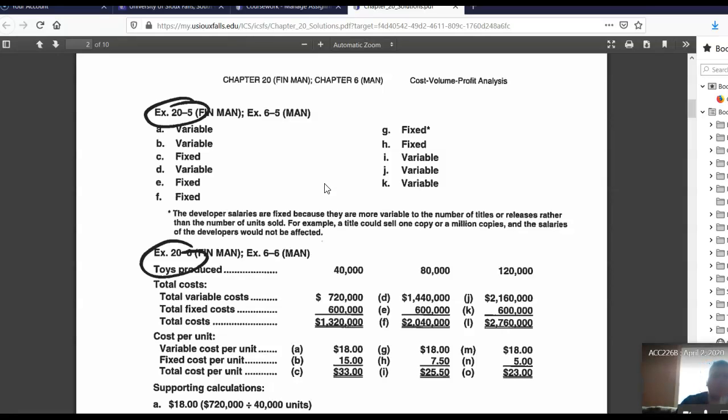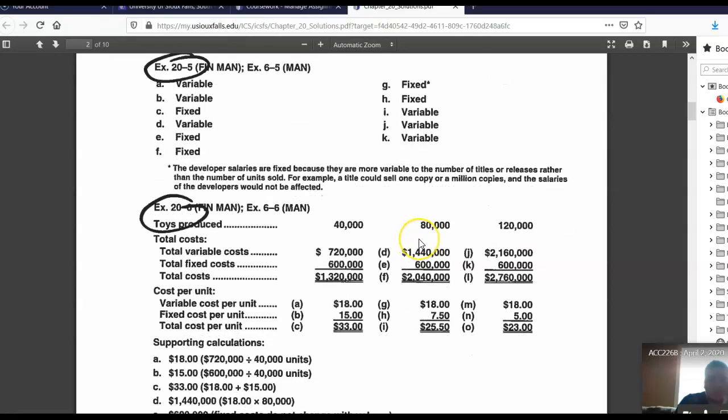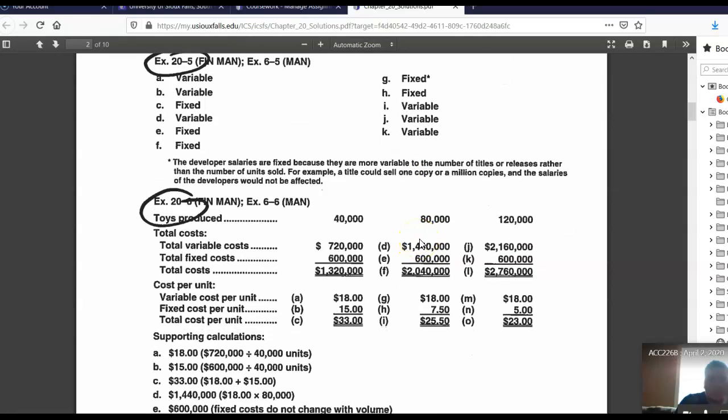Salaries again, fixed. Wages, that's hourly, so that's variable. Cost of providing online support, variable. And the user guides, variable. Nothing too difficult there. So before we move on, any questions 1 through 5? All right, good.